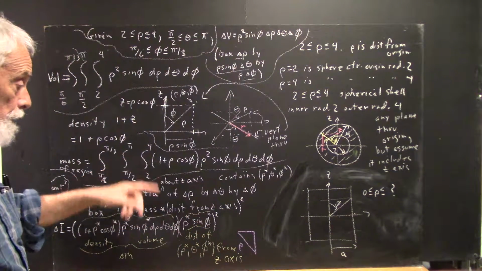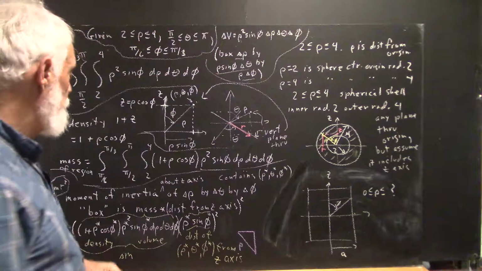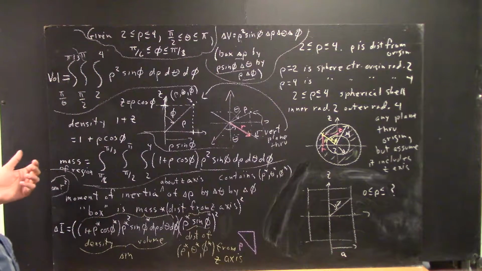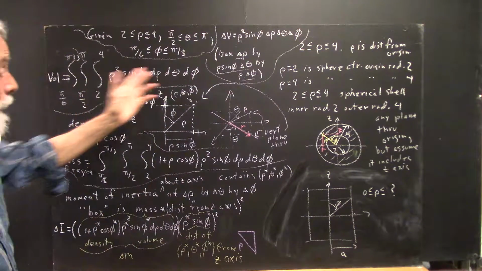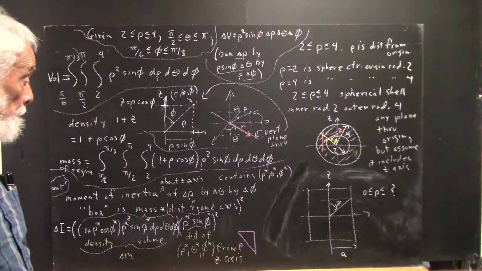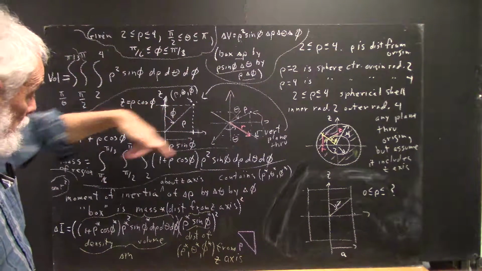So you'll have an integral of rho sine phi times 1 plus rho cosine theta, etc. I don't have room to write that out, but that's it. So the same limits on the integral, the same volume increment, rho squared sine phi d rho d theta d phi, with the density function, give you the mass.